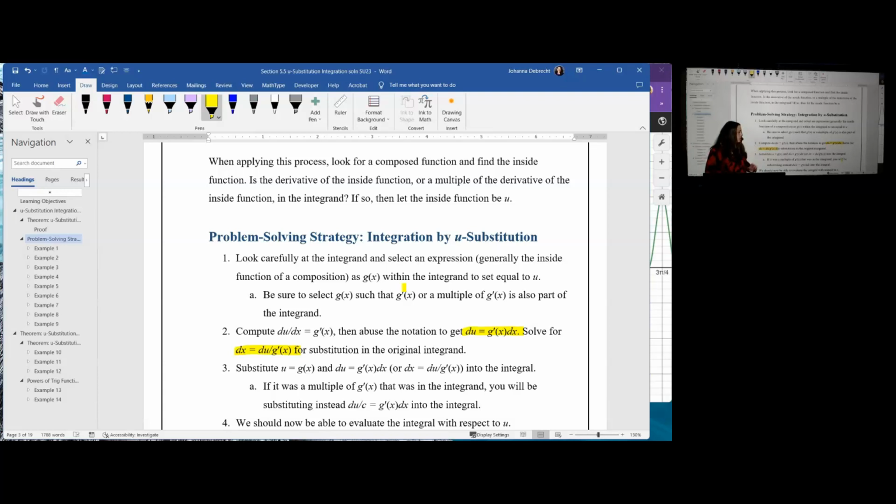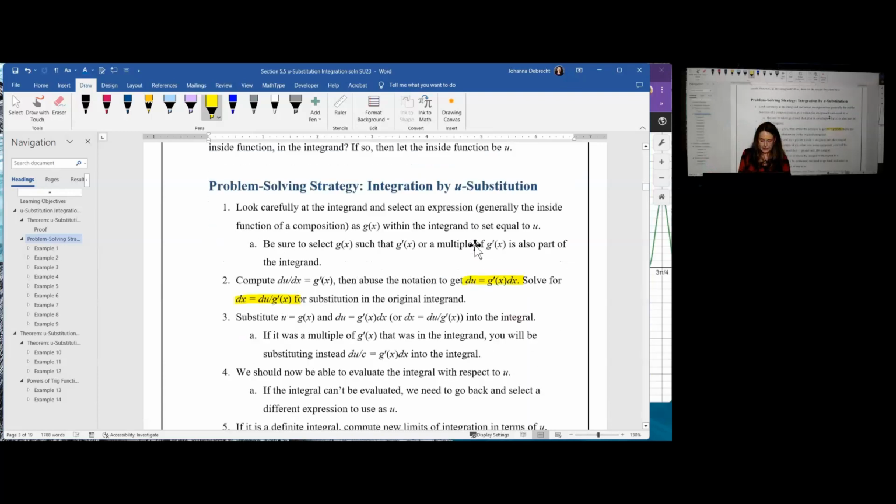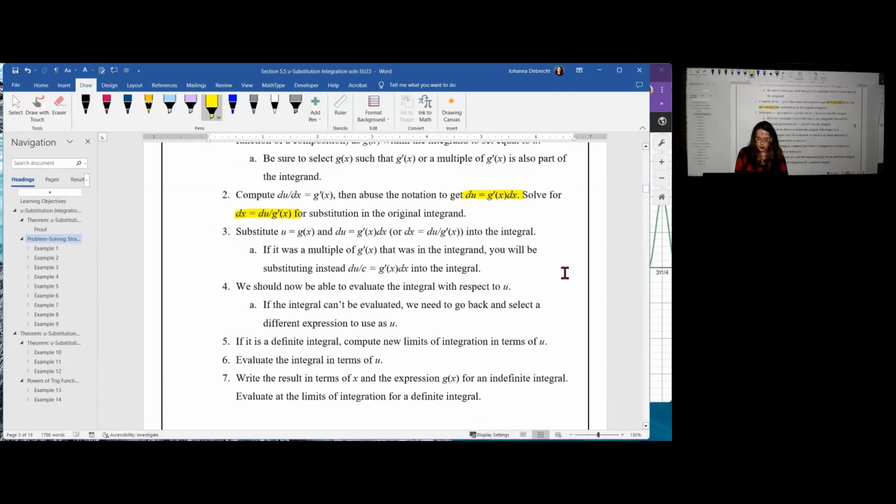Once you've substituted, keep in mind that if you did not have the correct constant for g prime, you will actually be substituting the derivative du divided by that constant equal to g prime dx because you didn't have the constant. This will all come out sort of in the wash. You don't have to worry over much about the constant showing up. The algebra will take care of it.